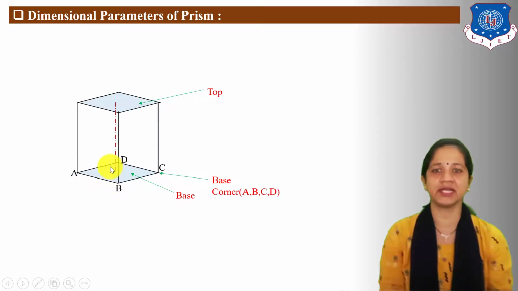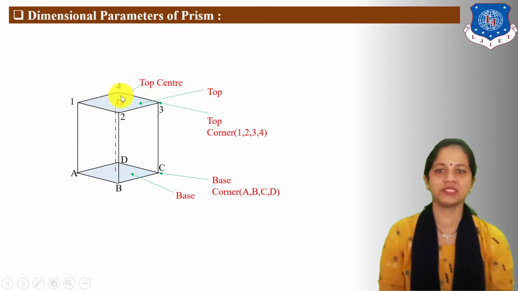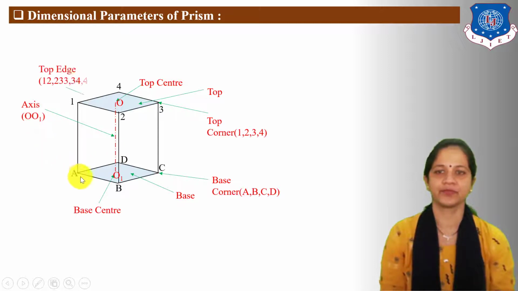Now A, B, C, D are base corners of the square prism. 1, 2, 3, 4 are top face corners of the square prism. Top face center point which is O. Base square center point which is O1. Now the vertical line joining the centers is known as axis.